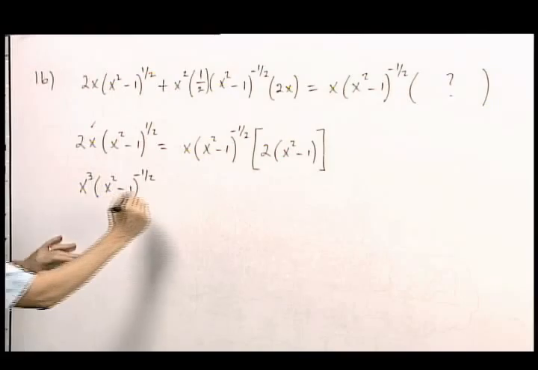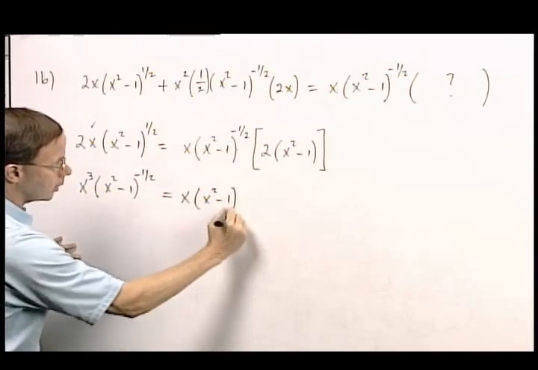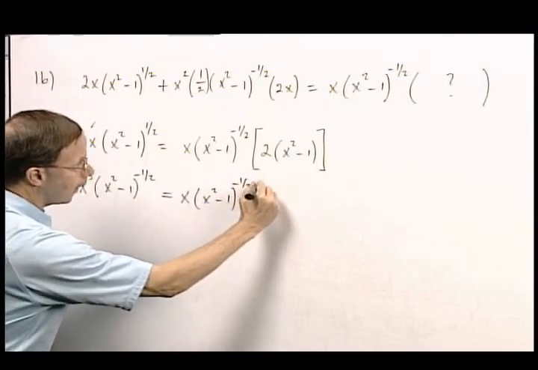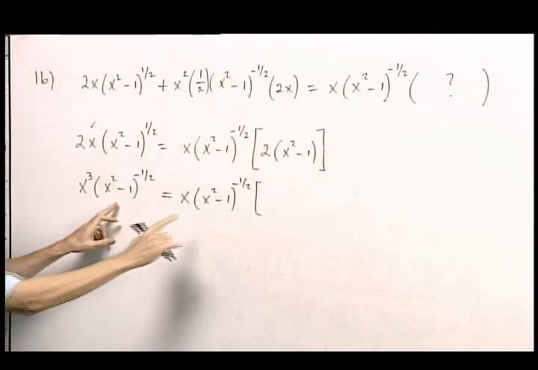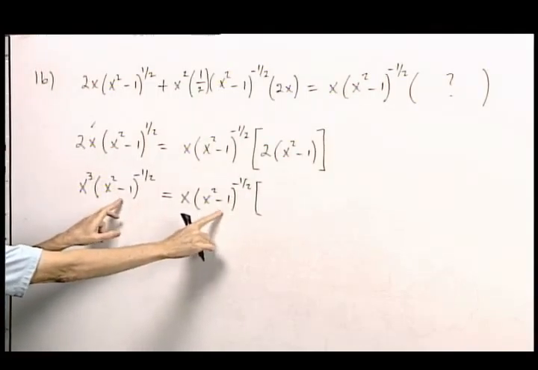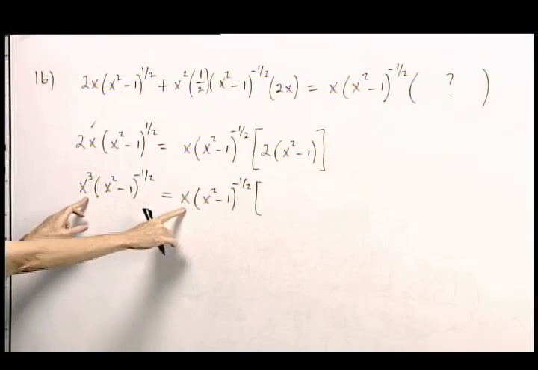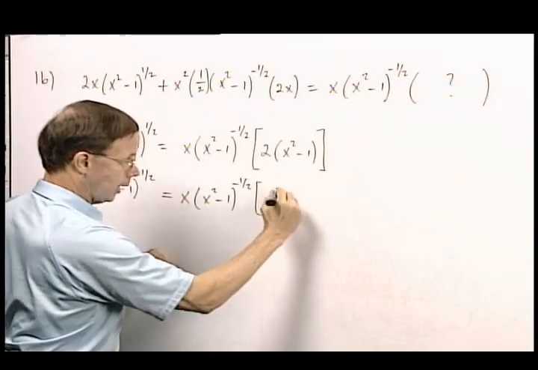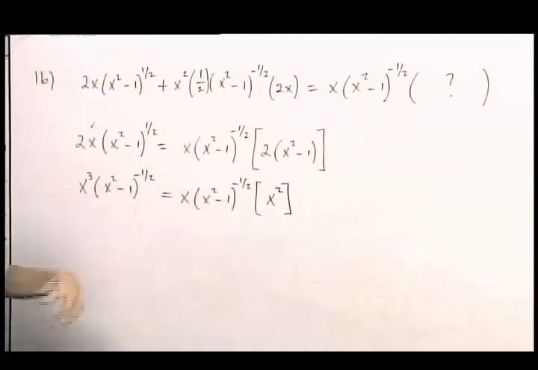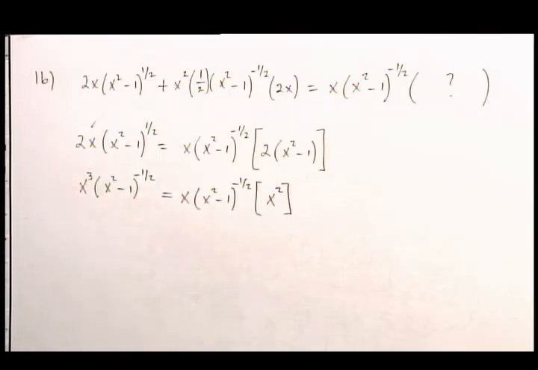Okay, now my common factors are x times x squared minus 1 to the minus 1/2. What's missing? Well, I've got exactly what I want on both sides here. What I am missing is two factors of x. So what I need in here is x squared. And you can check this times this gives me this, which is in fact the same as that.